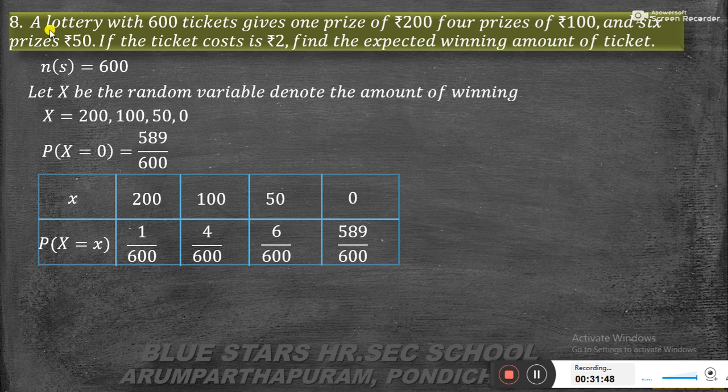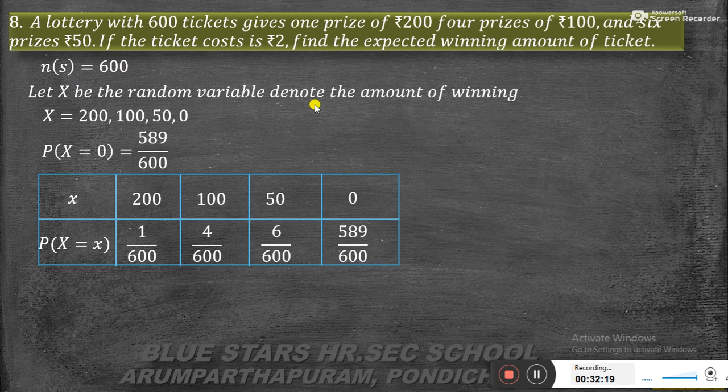Your lottery with 600 tickets gives one prize of 200, 4 prizes of rupees 100, and 6 prizes of rupees 50. So n of S equals 600 tickets.